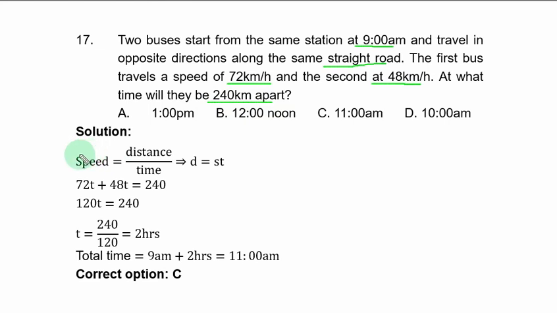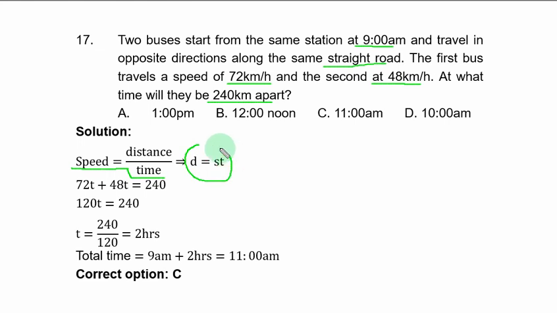Now from speed, distance and time, speed is equal to distance over time. We are interested in the time here, and the distance they are apart. So if you decide to make D the subject, you have D is equal to speed times time.